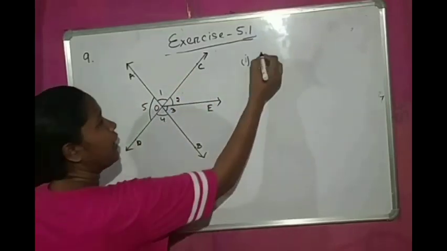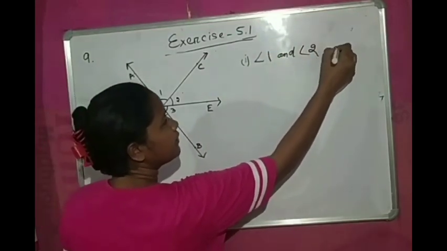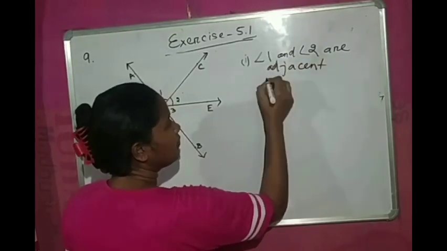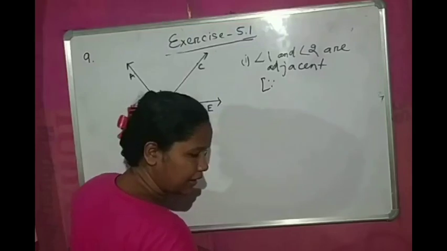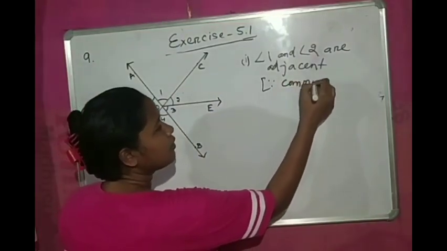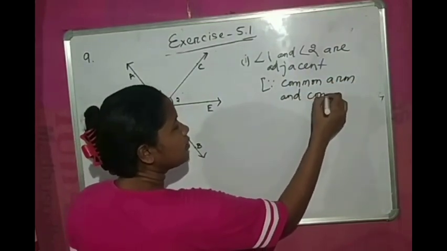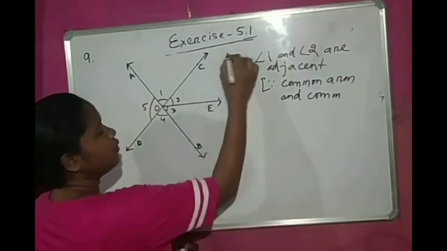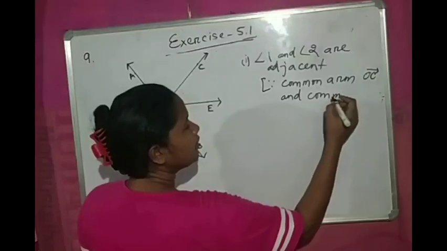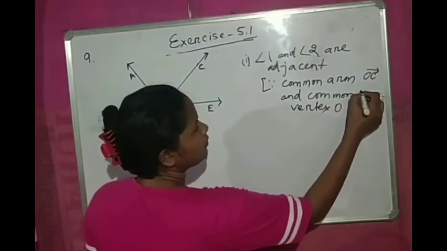So angle 1 and angle 2 are adjacent because they have common arm OC and common vertex O.